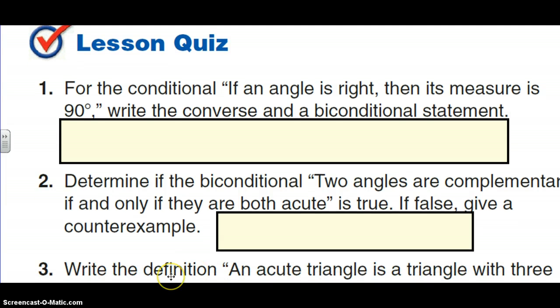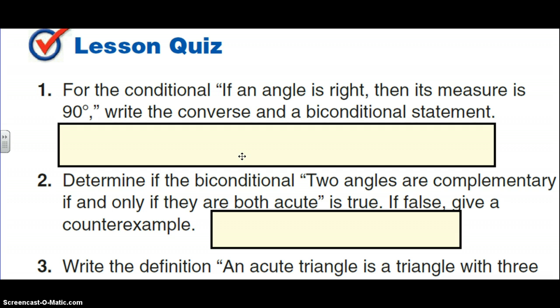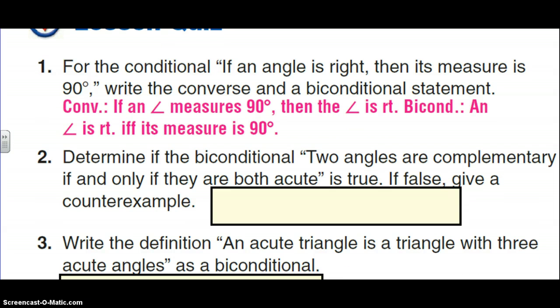There will be a quiz at your next regular class. Okay? So number 1, the converse would be if an angle's measure is 90 degrees, then it is a right angle. And the biconditional, an angle is right if and only if its measure is 90 degrees. Okay? Determine the biconditional for number 2.